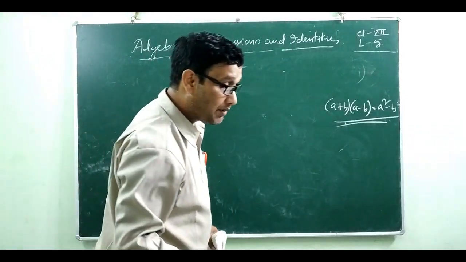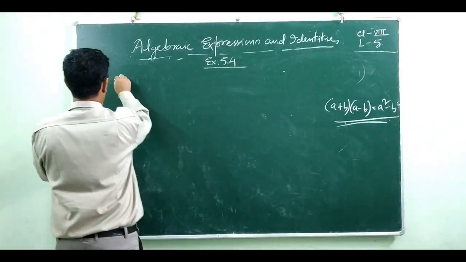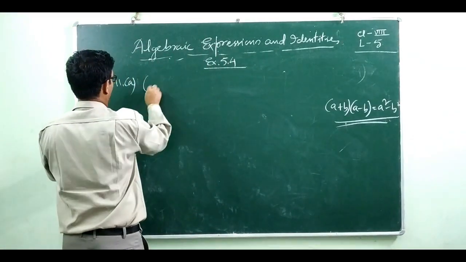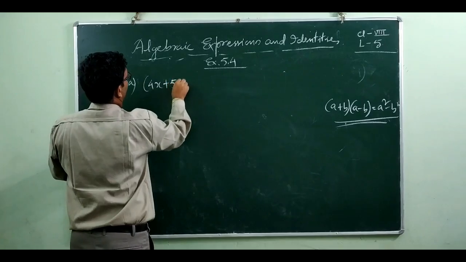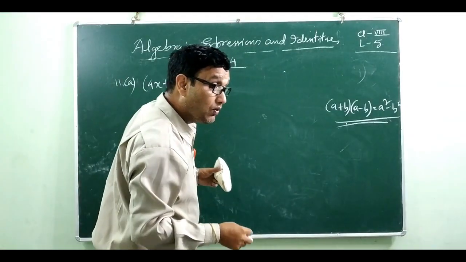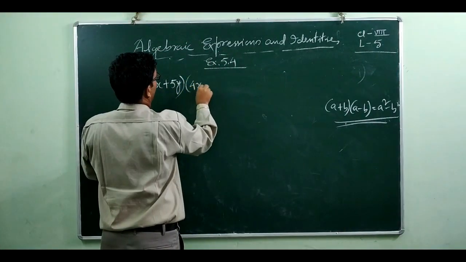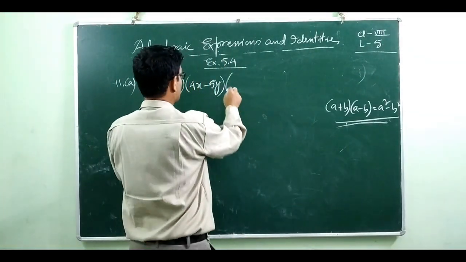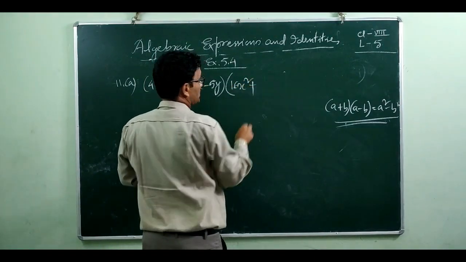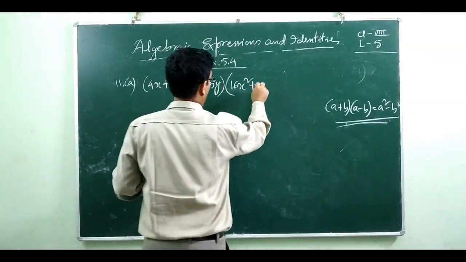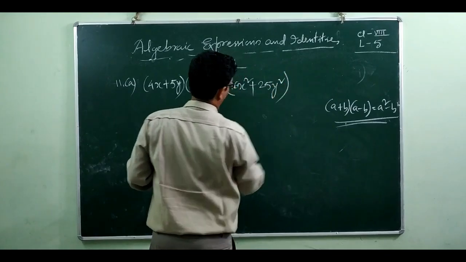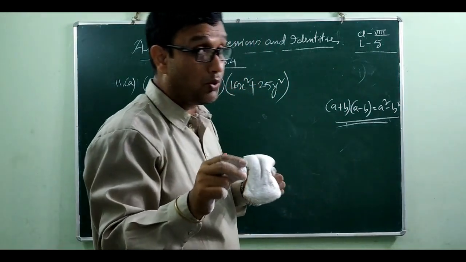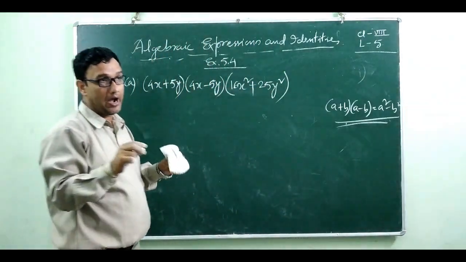In question number 11, the first question, 11a, is given: (4x plus 5y) into (4x minus 5y) into (16x squared plus 25y squared). So we are going to find the continued product by using identity number 3.